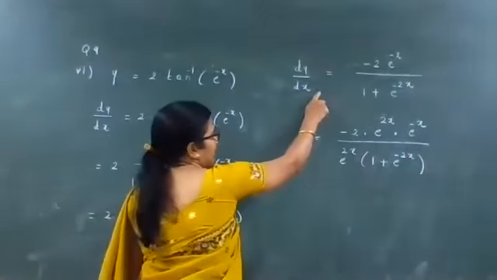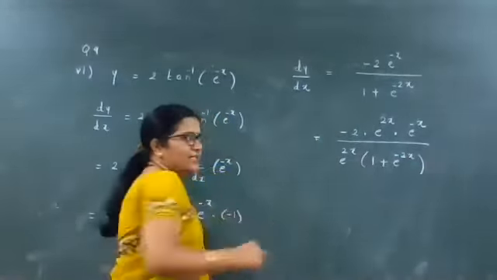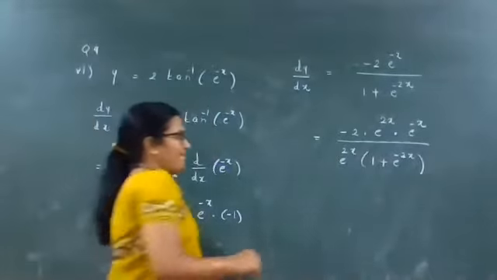If you keep up till this the answer, then also it is correct. But if you want to further simplify, you can simplify to get the positive index of e.